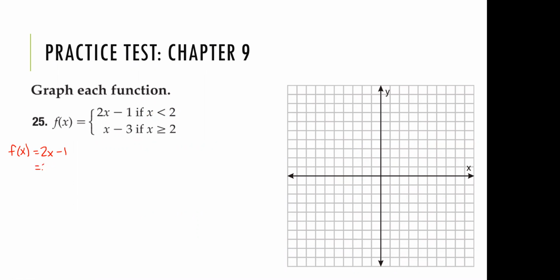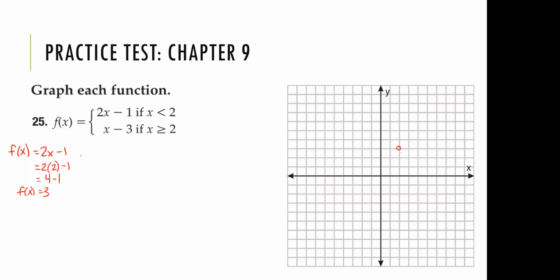So I'm going to plug in 2 for x, and this would be 4 minus 1, which f of x would be equal to 3. So when x is 2, f of x is 3, but it has to be less than, so I'm going to have an open circle there. Don't fill that in.